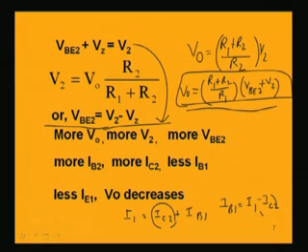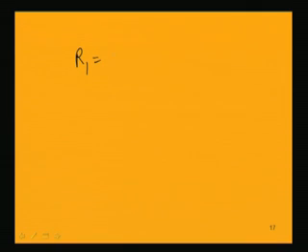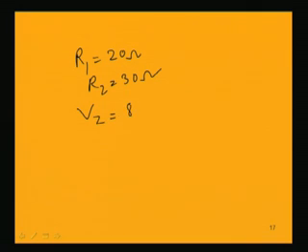So whatever changes occur in the output voltage, that is just taken care of by the controlling circuit, which is the transistor, and the output voltage will be maintained at a constant value. So for example, if we take one case where R1 and R2 are given as 20 ohm and 30 ohm, and you are using a Zener diode having say 8.3 volt.